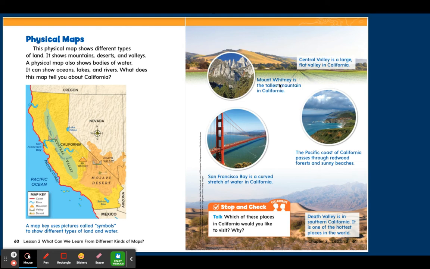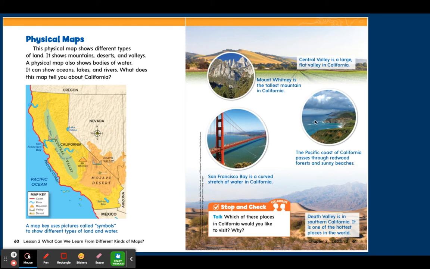Mount Whitney is the tallest mountain in California. So this mountain is called Mount Whitney, the tallest mountain in California that we have. The Pacific coast of California passes through the redwood forest and the sunny beaches. So this is the coast.